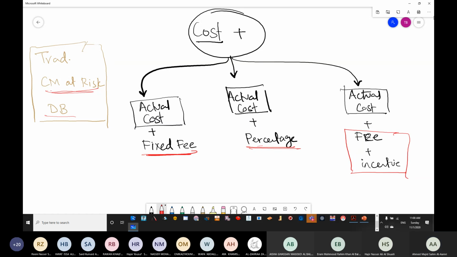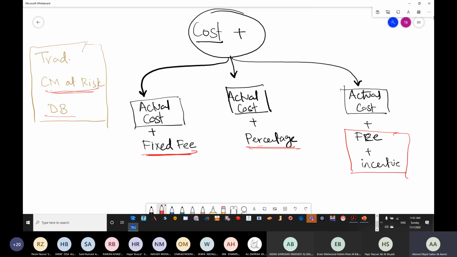Okay, I do agree. But can we make it a little bit simpler? I'll just summarize and make it a little bit easy. Is it better to know the value before? When we say a fixed fee, it means that the value is known to me before.